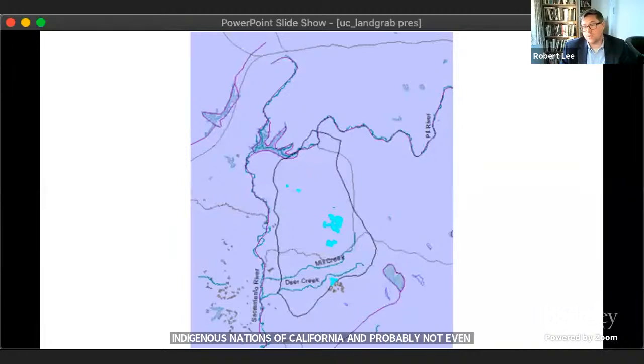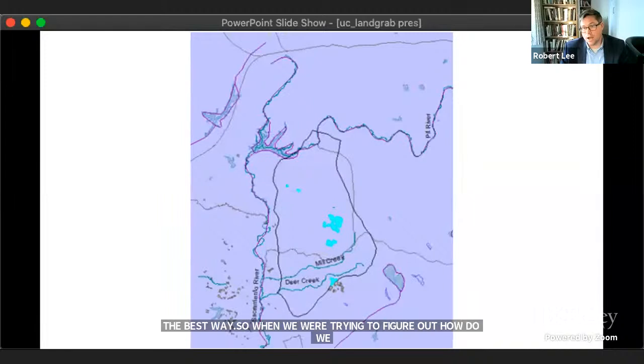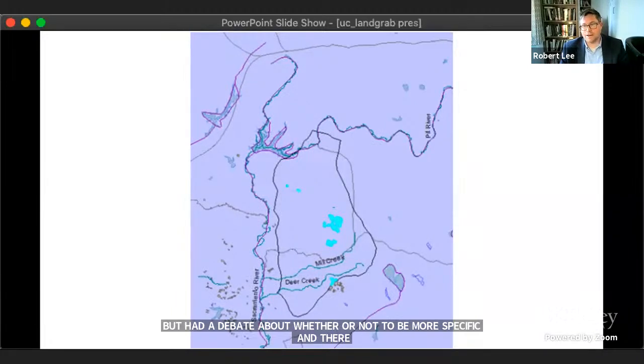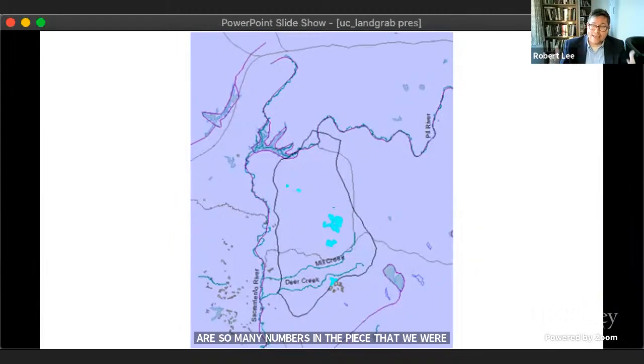So when we were trying to figure out how to talk about the acres sold by the University of California, we used two different conceptions of Yahi space, one from the unratified treaties and another from an anthropological territory map, and used them as a sort of Venn diagram to see where they overlapped and what we could say. Ultimately, we just used thousands, but we had a debate about whether to be more specific. There are so many numbers in the piece that we were looking for ways to soften that a bit. But it was analyses like this that went into producing that information.